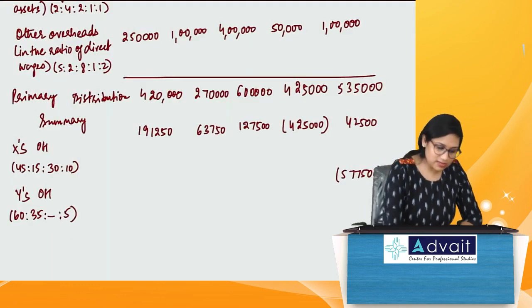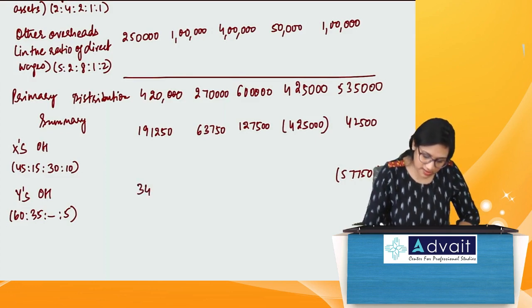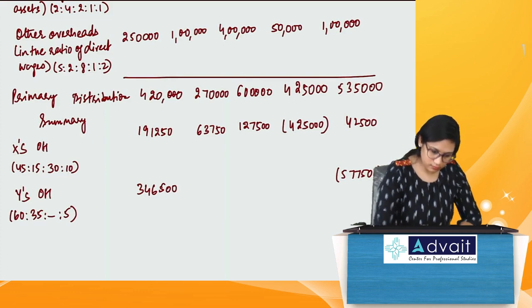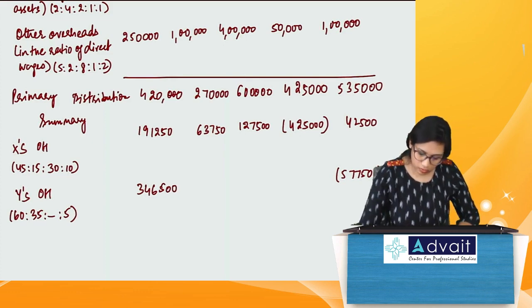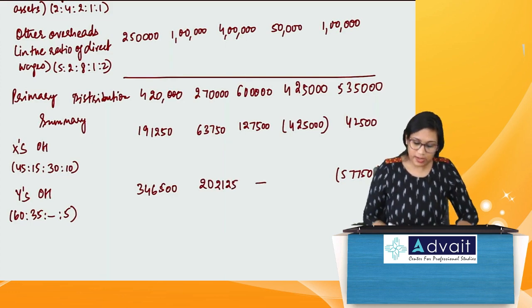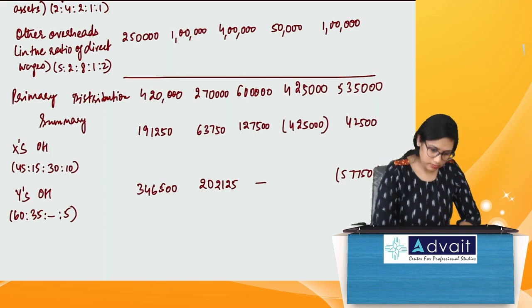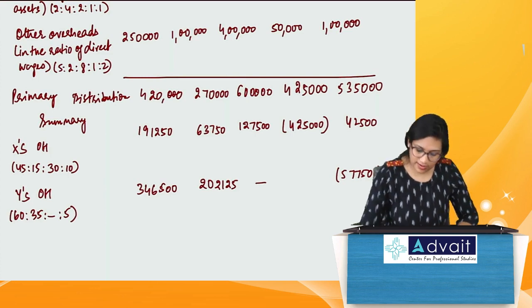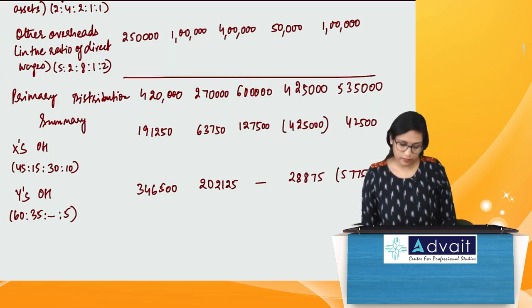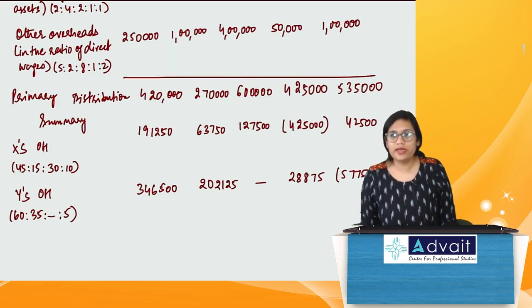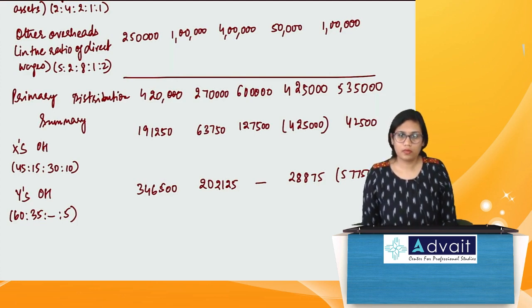So let's divide this. 346,500, 202,125. C will be nil, and X gets 288.75. Guys, is this correct?